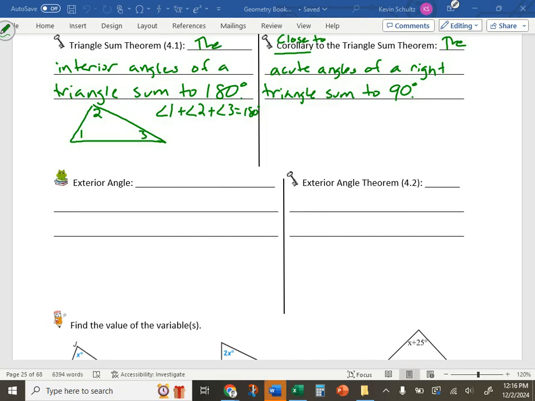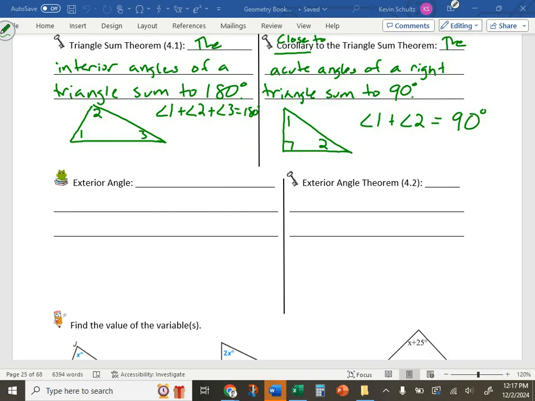Because if you've got a right triangle, what do you already know about one of the angles? 90, right? And if the three angles of the triangle have to add to be 180, and one of them's already 90, that only leaves 90 degrees for angle 1 and angle 2. So one of them in the right triangle has to be 90, and the other two must add up to be 90 degrees.